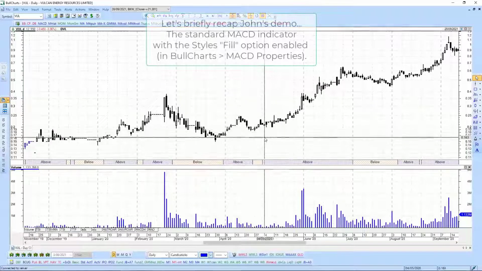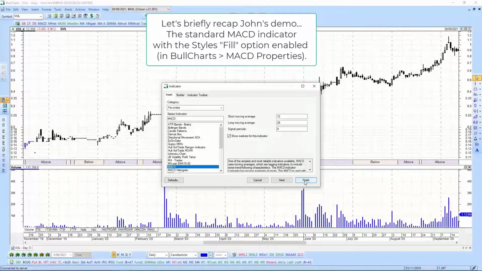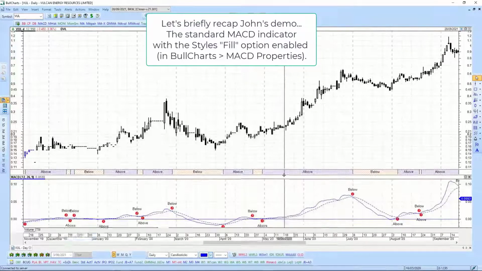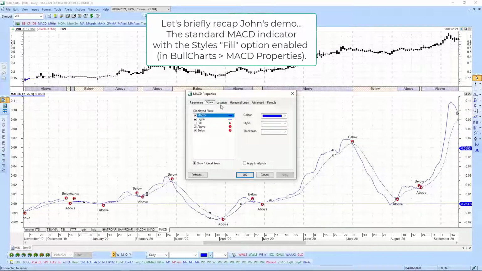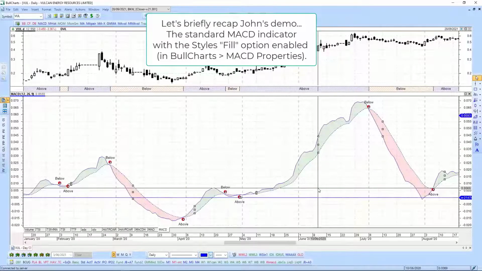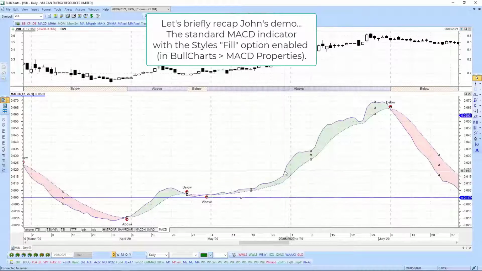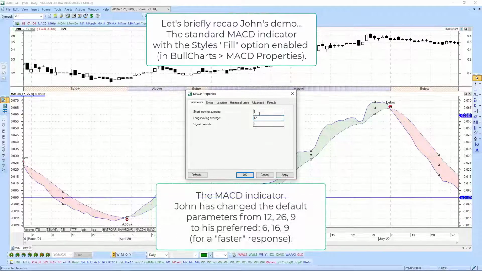Let's put a MACD on here and see if we can do what Paul said. There's a MACD. If I go to properties, then I can choose the fill. Just click fill. There you go. That's it. And what John has done is changed the parameters from 12, 26 to 6 and 16.